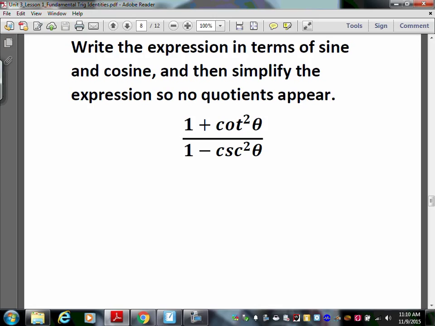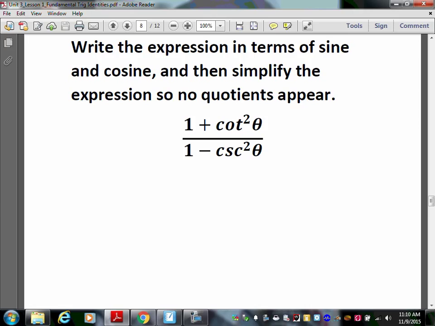So there has to be some words here. There has to be a setup. So I want this expression, 1 plus cotangent squared theta over 1 minus cosecant squared theta. And at the end, I want to first write it where all I see are sine and cosine. And then after I get it to where all I see is sine and cosine, then I want to make sure there are no fractions.